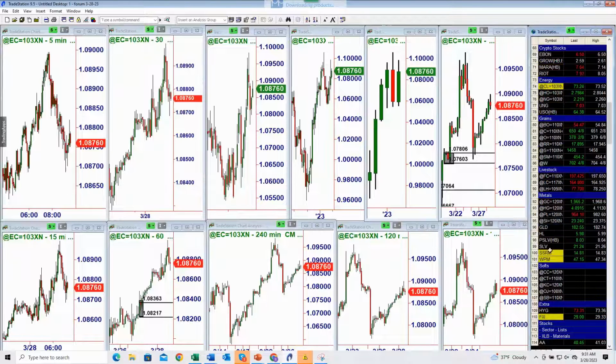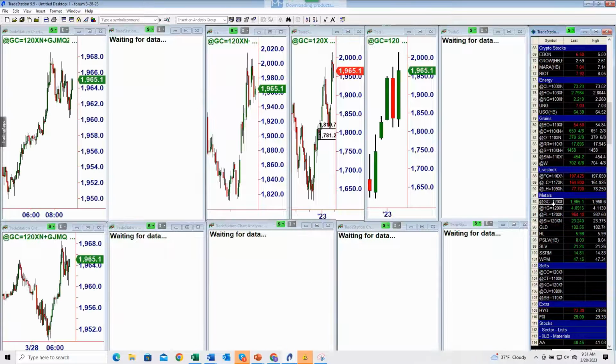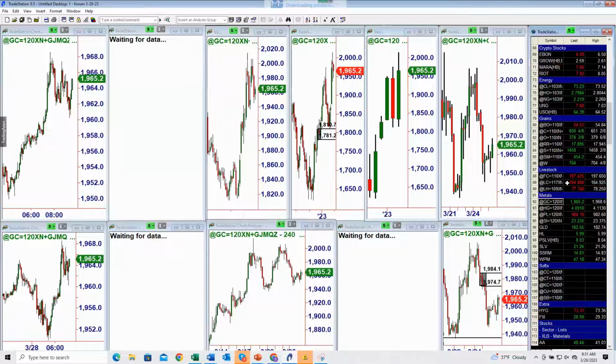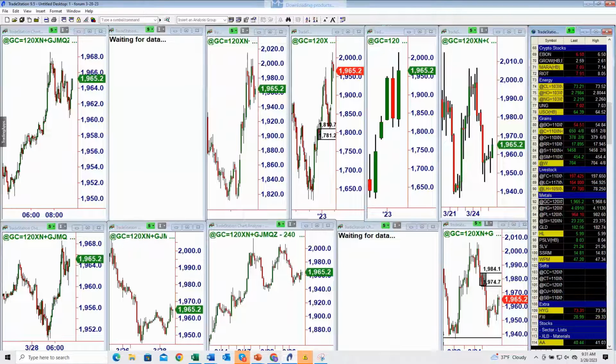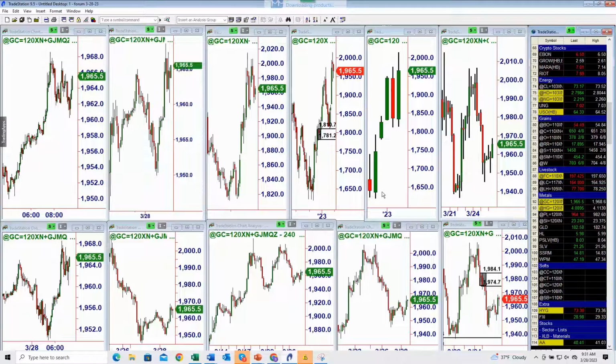Let me click on it and you can let me know if this is not what you want to look at, but we'll start with the futures. Most people want to look at the futures, but we can certainly look at the GLD also.